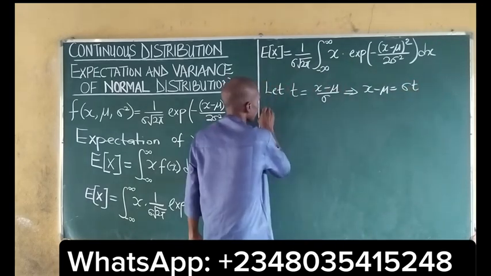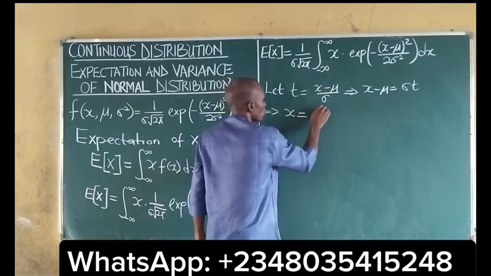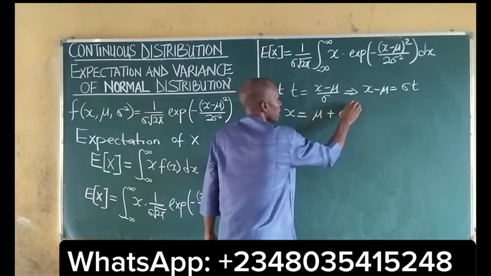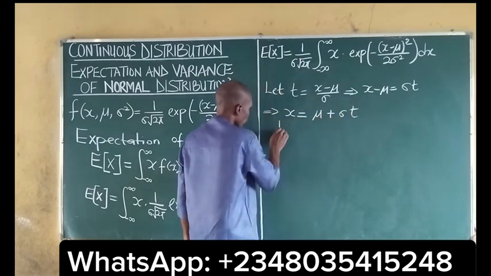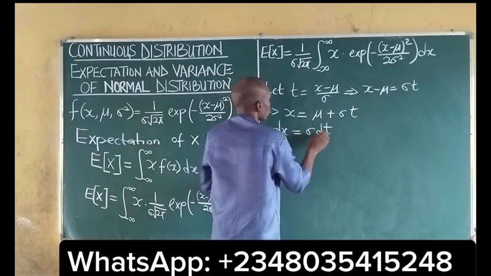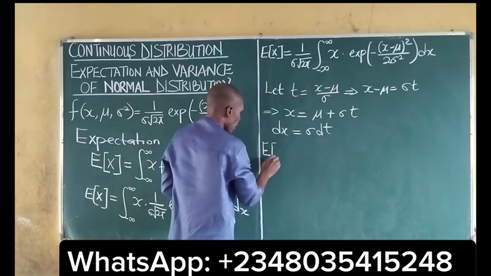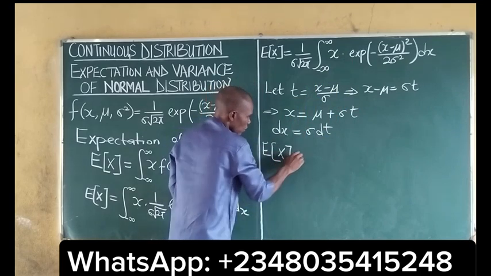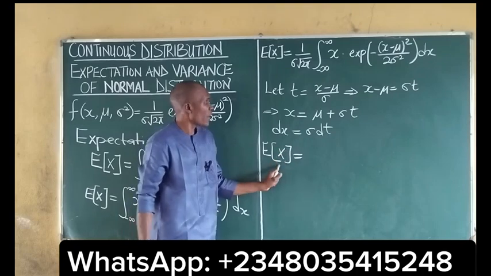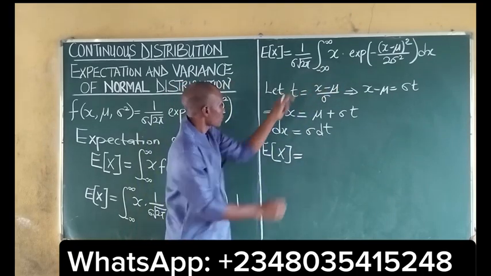It also implies that x is equal to mu plus sigma t. So we use this change of variable to put inside here our expected value of x.